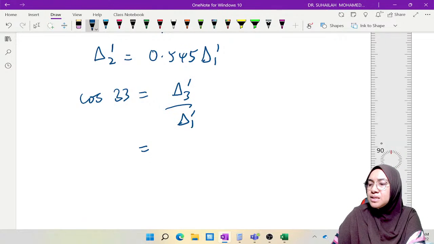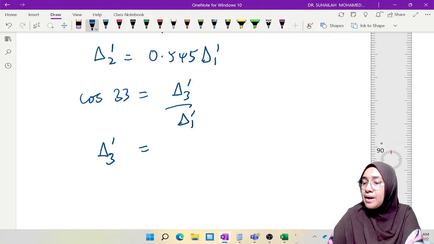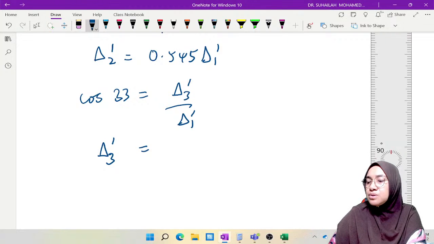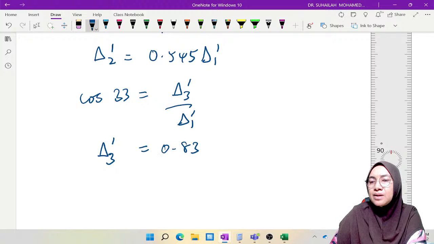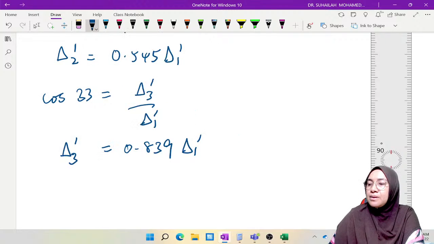So delta 3 in terms of delta 1, we get cos 33 equal to 0.839 delta 1 prime.